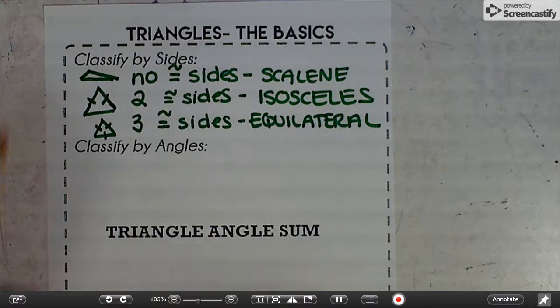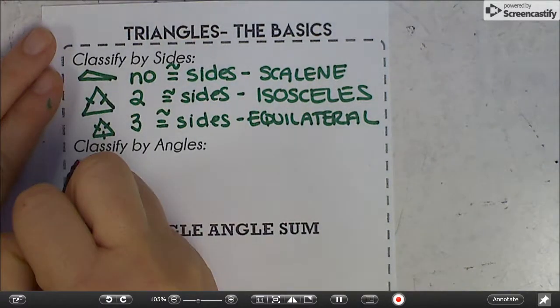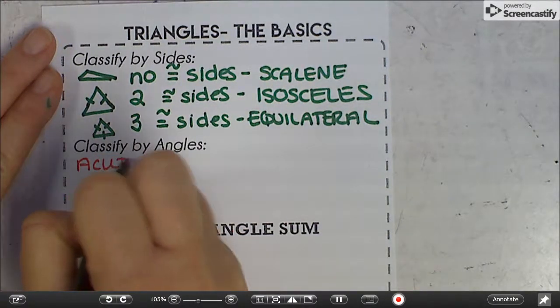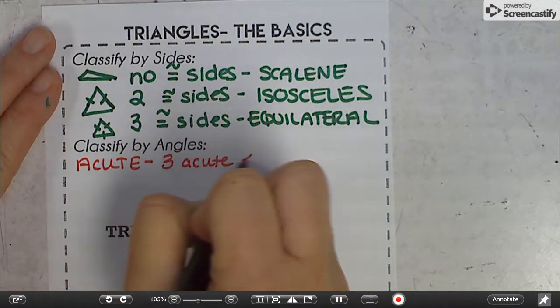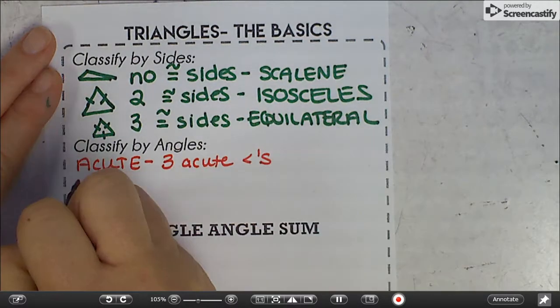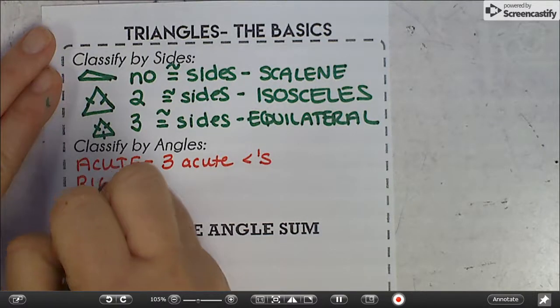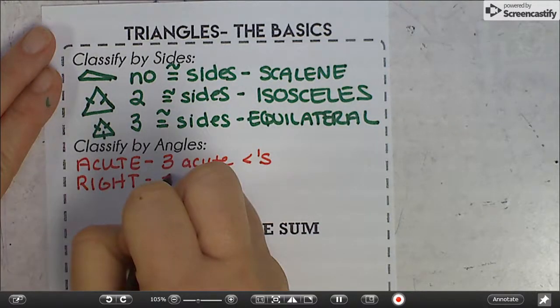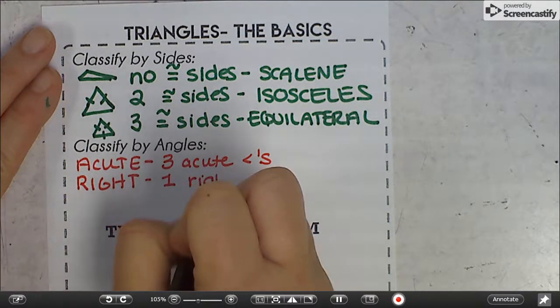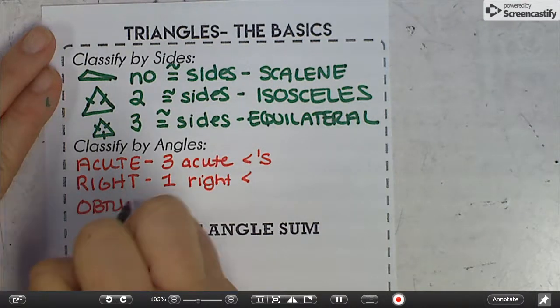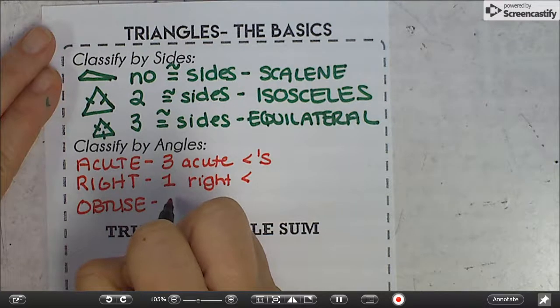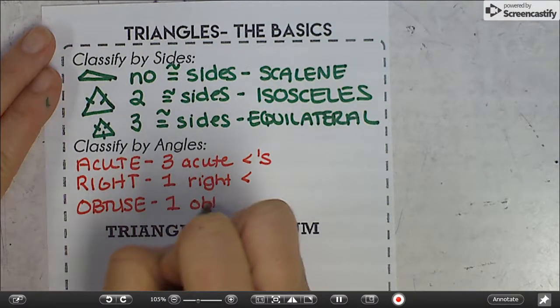We can also classify them by angles. Acute has three acute angles. Right has one right angle, and obtuse has one obtuse angle.